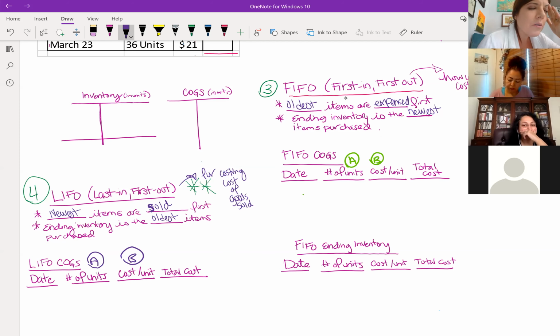LIFO also can provide a way for companies to manipulate earnings legally, 100% legally, because they can make a large purchase at the end of the period at a higher cost per unit, and those units are then expensed first under LIFO because they're the newest items purchased.